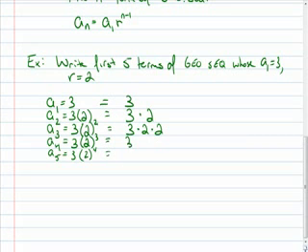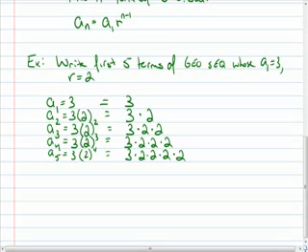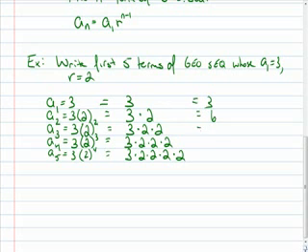The fourth term is everything that made up the third term, which was 3 times 2 times 2, times another power of 2. Everything that makes up the fourth term times another power of 2. And this sequence is 3, 6, 12, 24, 48.